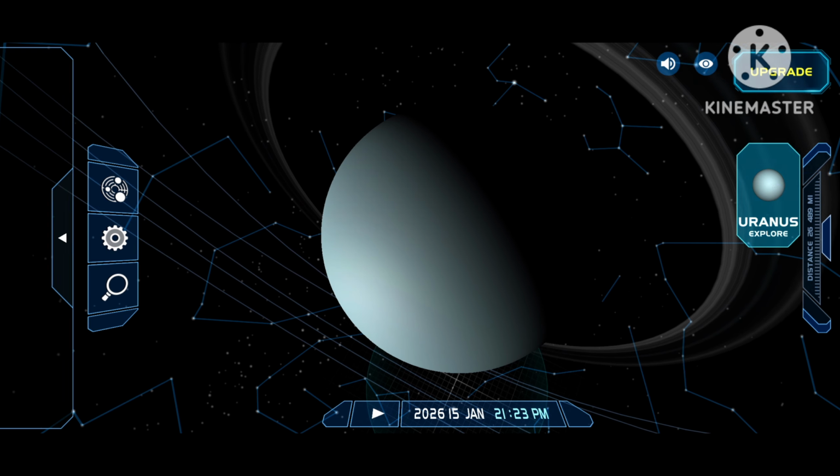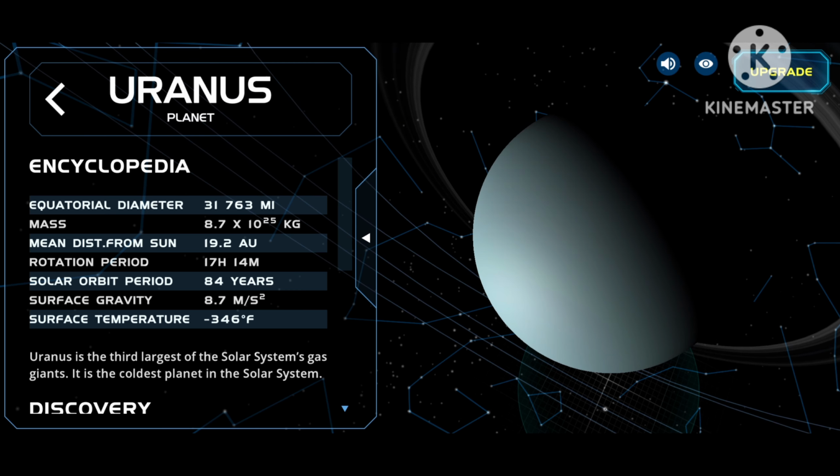If we talk about the other things of it, the equatorial diameter is 31,763. The mass is 8.7 into 10 to the power 25 kilogram. Mean distance from Sun is 19.2 astronomical units. Rotation period means, in what time can it rotate on its axis? It completes one rotation in 17 hours and 14 minutes.